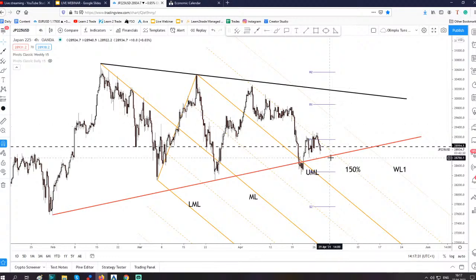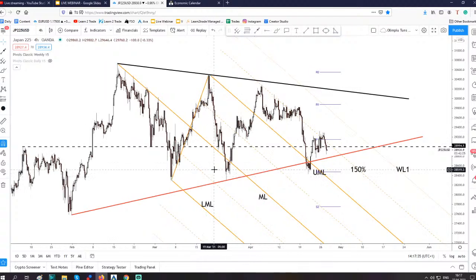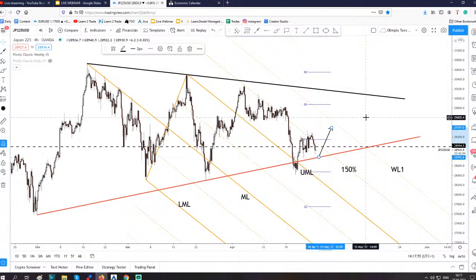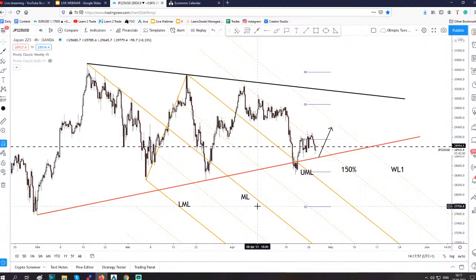Okay, so the index, the Nikkei, the Japanese stock index, is trapped within this triangle, within this chart pattern. It has registered here only a false breakdown below the upper medium line, below this uptrend line. Now it could retest the uptrend line and then it could jump higher. So a potential growth here registered by the Nikkei could signal that the Japanese yen could depreciate versus the other currencies.